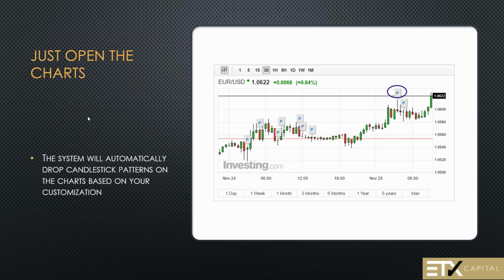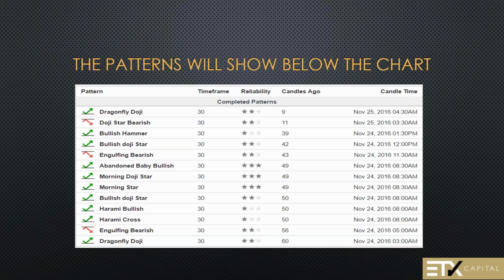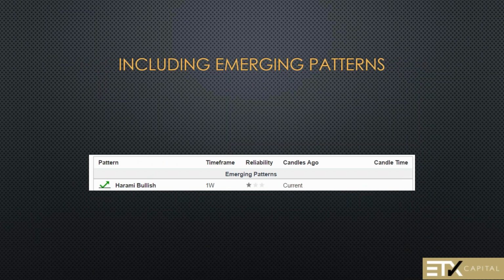But like I said, today with scanners, downloads, and things like investing.com, you have easy ways to incorporate these into your trading. All you have to decide is what is relevant to you, what patterns are important to understand, and then let the scanners find them for you.